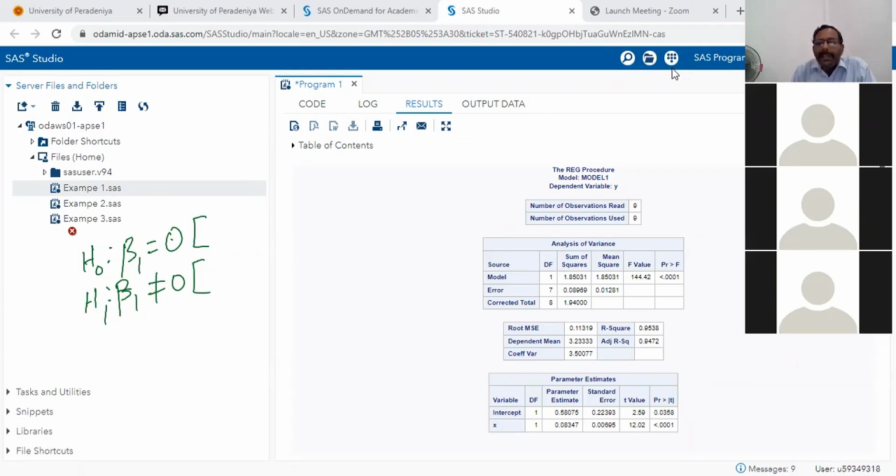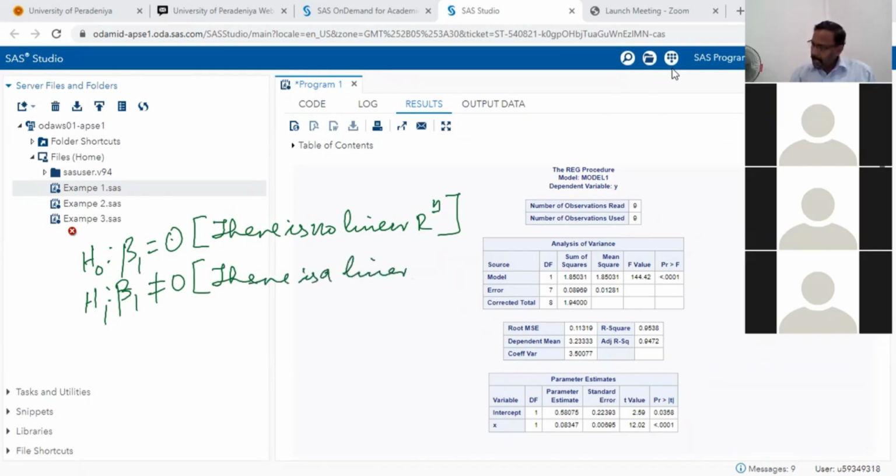There is no linear relationship. Once we give the conclusion, we will add what these X and Y variables are. In short form, there's no linear relationship. When beta 1 is not equal 0, there is a linear relationship.